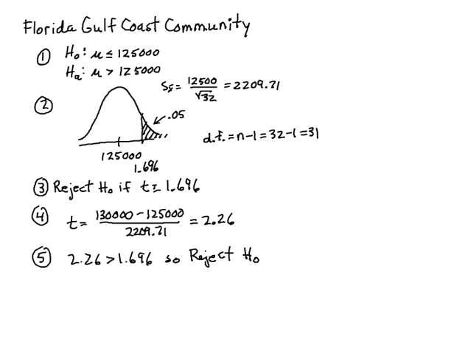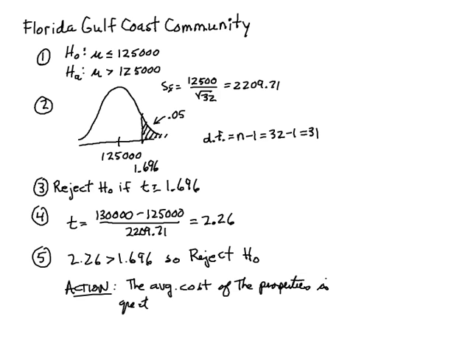H sub 0. So I have enough evidence to prove. I can take an action now. I've proven something, that the average cost of the properties is greater than the claimed amount of $125,000.